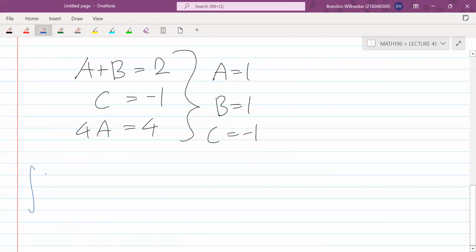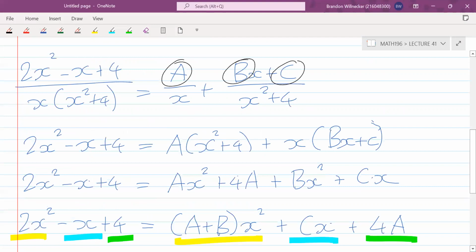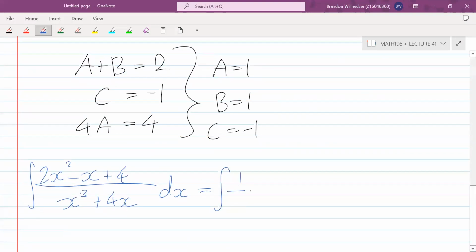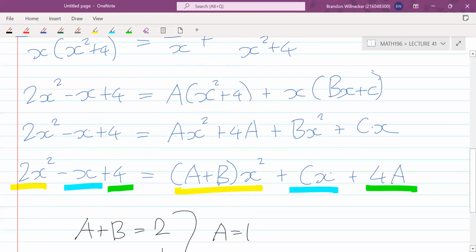So the integral of 2x squared minus x plus 4 all over x cubed plus 4x dx is equal to the integral, but now we know we can separate it. So A, which is 1, so we have 1 over x, B is 1, and C is minus 1.